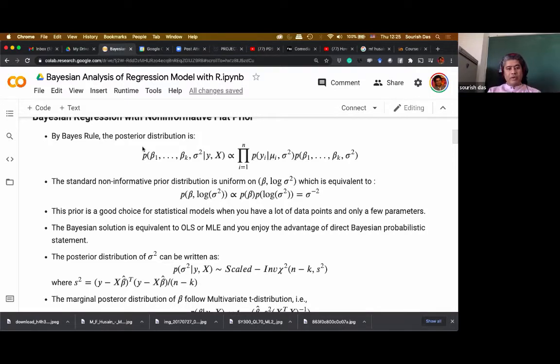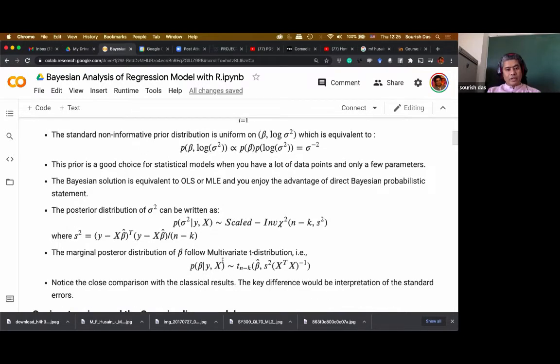If you do that, the resulting solution turns out to be this posterior distribution of beta given data. That turns out to be a T distribution with n minus k degrees of freedom, beta hat, and s squared times x transpose x inverse. So this is the resulting distribution.